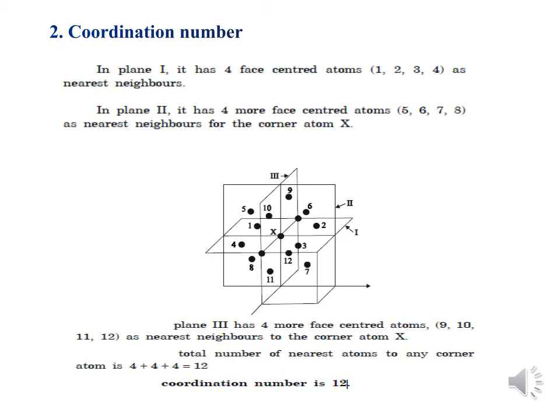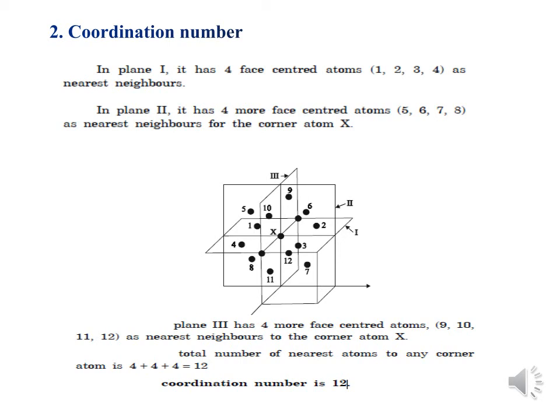Consider a corner atom X of a unit cell. As shown in the figure, there are 3 mutually perpendicular planes with a common point of intersection on the atom X. In plane 1, it has 4 face-centered atoms 1, 2, 3, 4 as nearest neighbors.